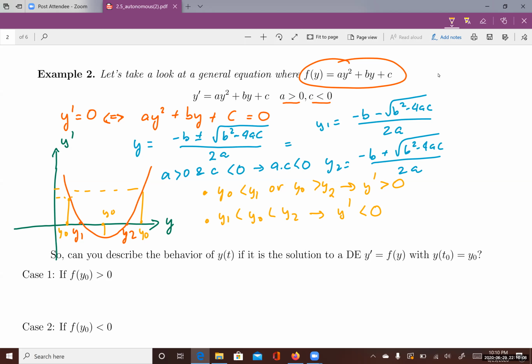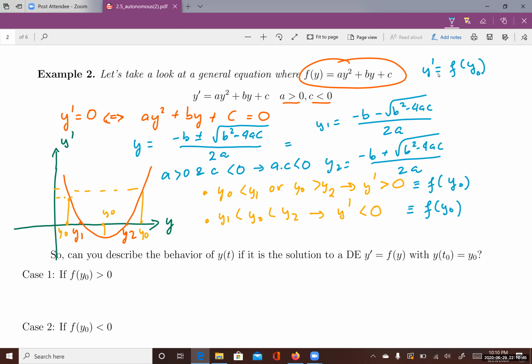And what is y prime in this situation? By definition, y prime is the same as f of y0, because y prime equals f of y. If you plug y0 into the function, then you have f of y0.